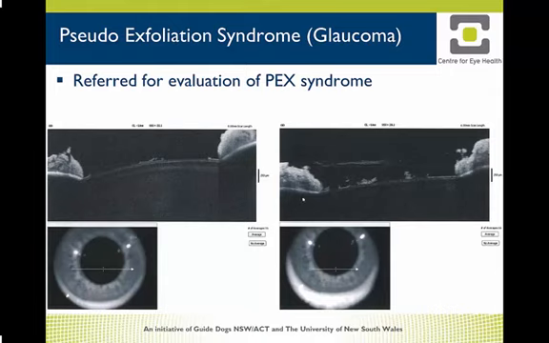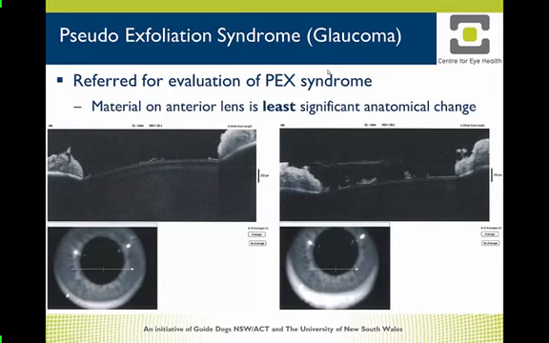You can see all the exfoliative material that is located on the lens and on the edge here of the pupil, and say, okay, this is a classical pseudoexfoliation syndrome, likely in this case glaucoma because of the optic nerve and visual field changes. But this material is in a way the least significant anatomical change, and you'll see why.